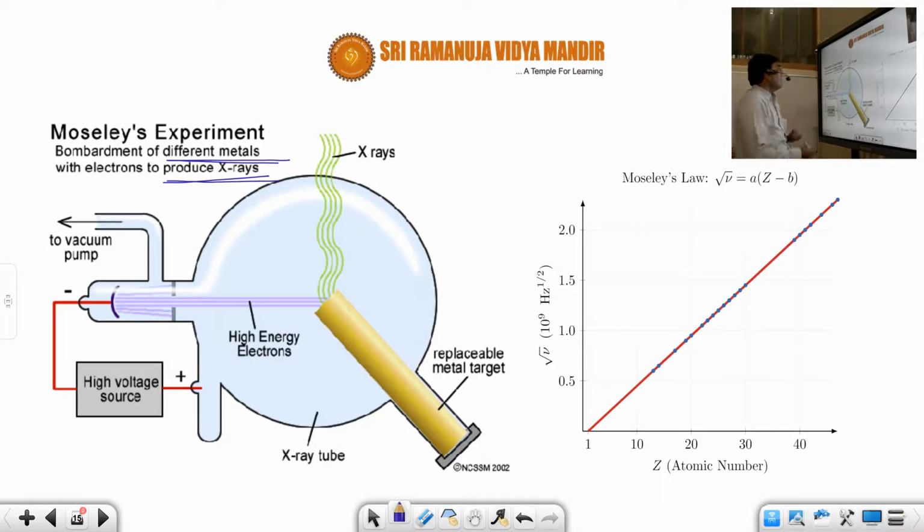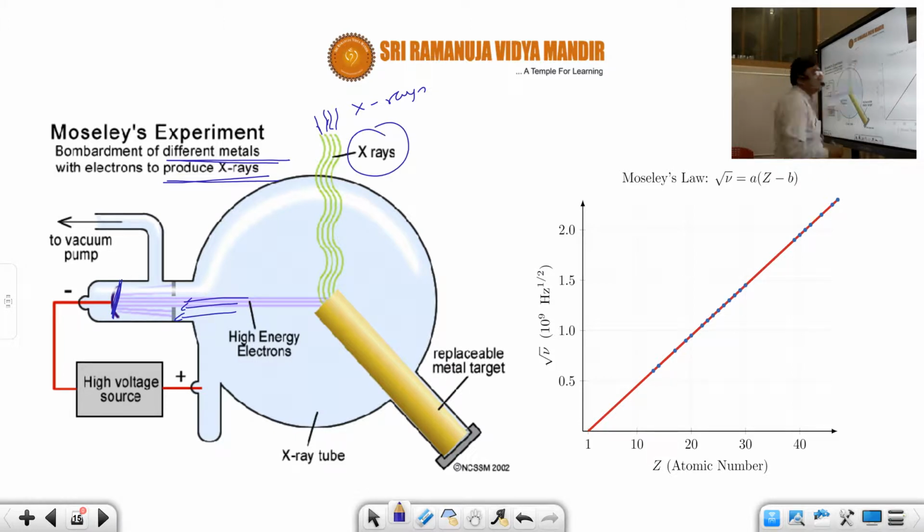So when he bombarded different metals with electrons, what are produced? These are all X-rays. These are the metals, different metals. These are the high energy electrons, they are bombarded. So X-rays are produced here.